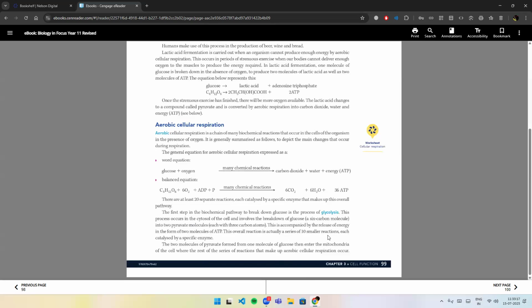This is accompanied by the release of energy in the form of two molecules of ATP. This overall reaction is actually a series of 10 smaller reactions, each catalyzed by a specific enzyme. The two molecules of pyruvate formed from one molecule of glucose then enter the mitochondria of the cell, where the rest of the series of reactions that make up aerobic cellular respiration occur.